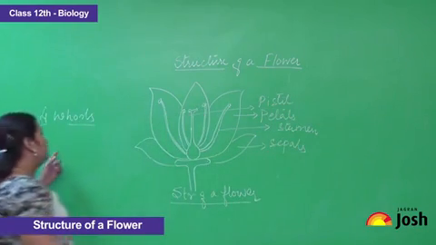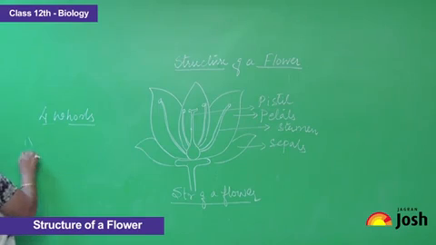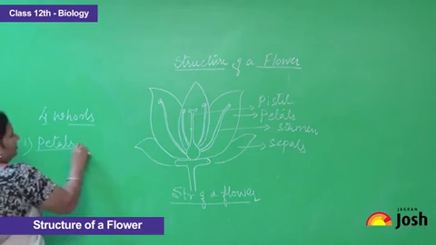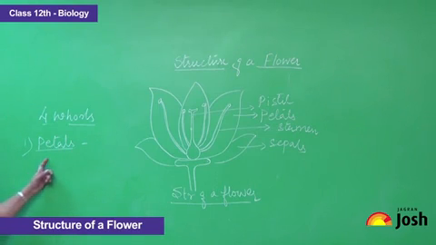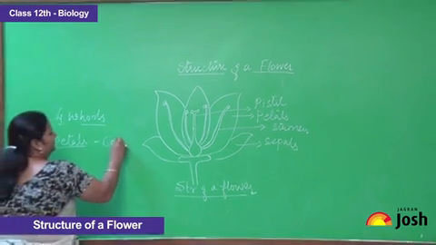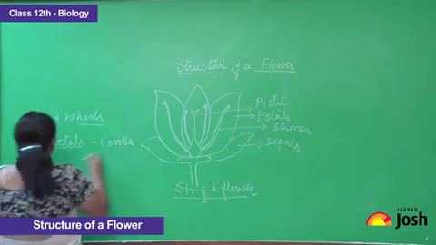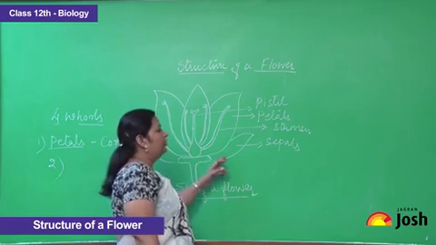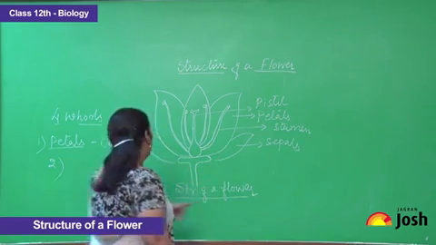A flower has basically 4 whorls, and the first whorl is that of petals. The petals are generally the colored part of a flower, and these petals collectively are called as corolla. Sepals, the green part present just below the petals, are called sepals.